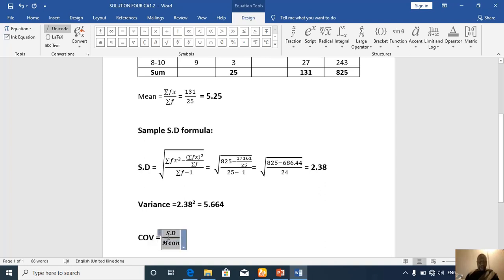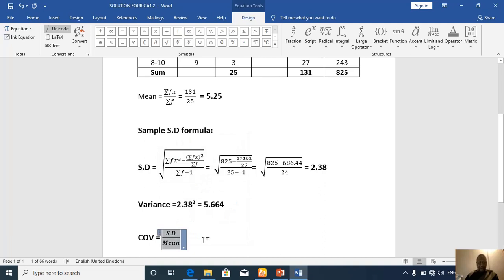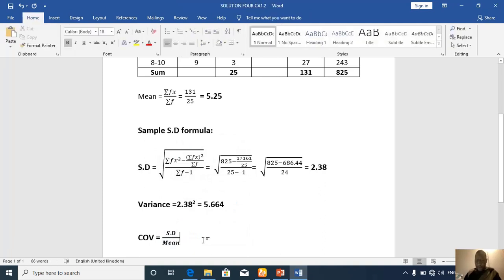So the coefficient of variation, according to our workings in this question, should be, what is our standard deviation?